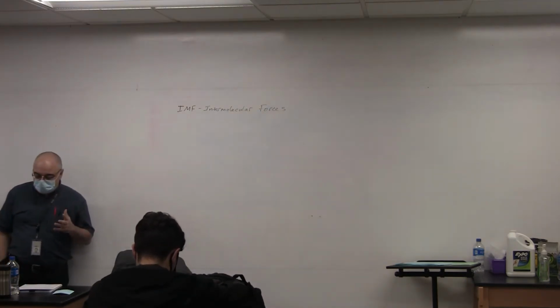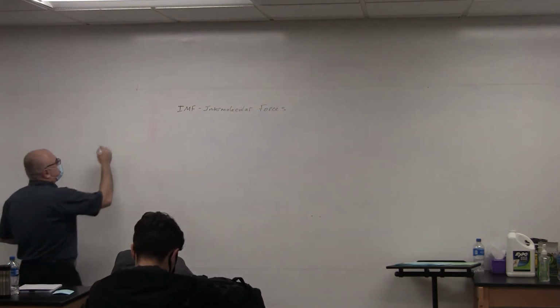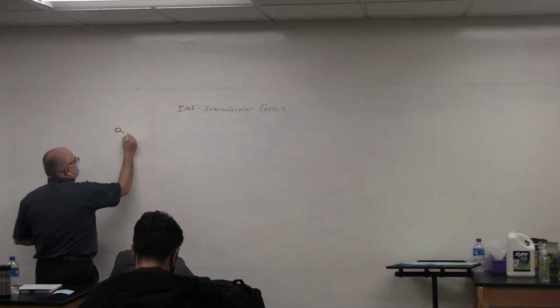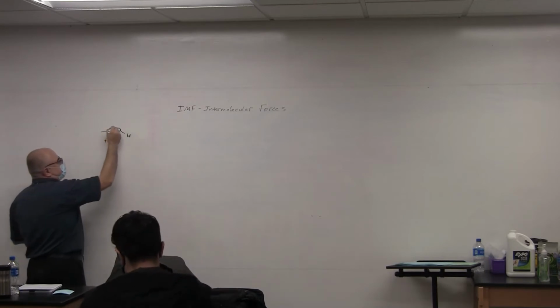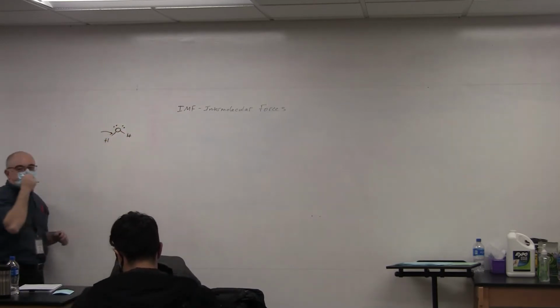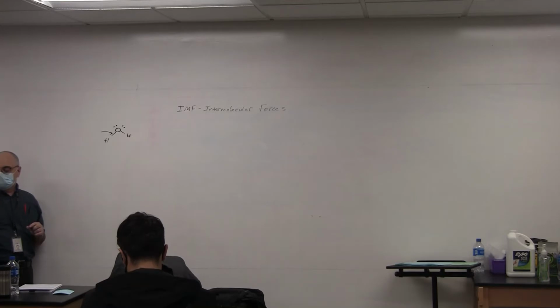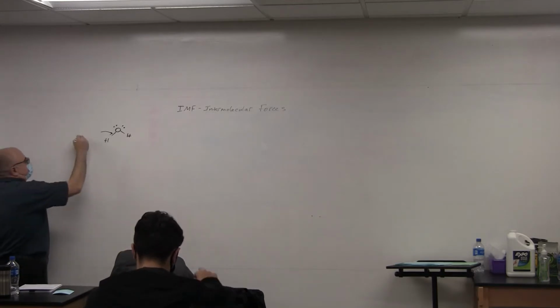If we look at a molecule like water, what do we call the bond? What kind of bond happens inside that molecule between the oxygen and the hydrogen? What type of bond is that? Polar covalent.